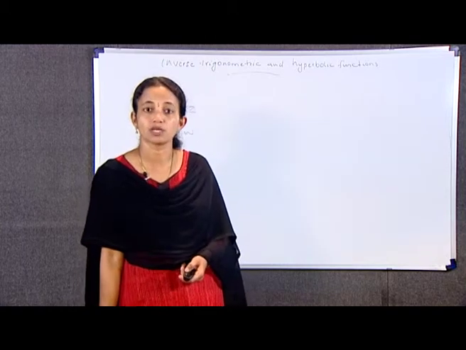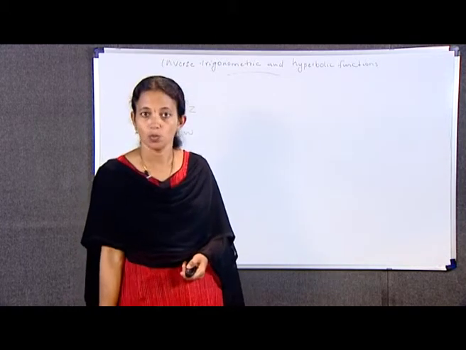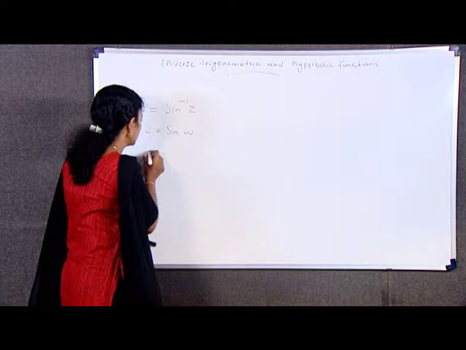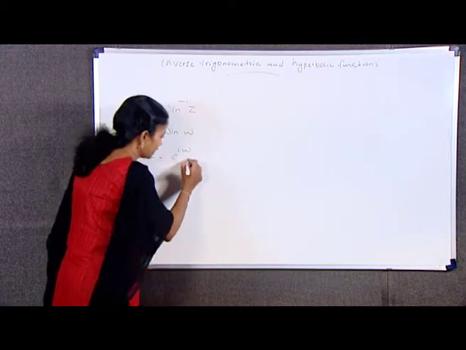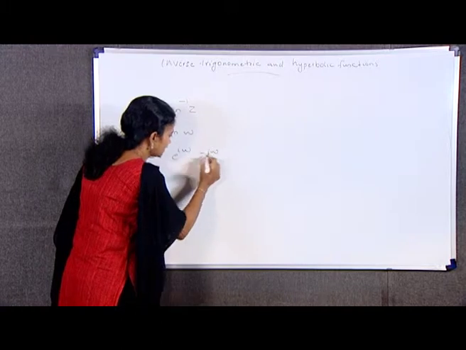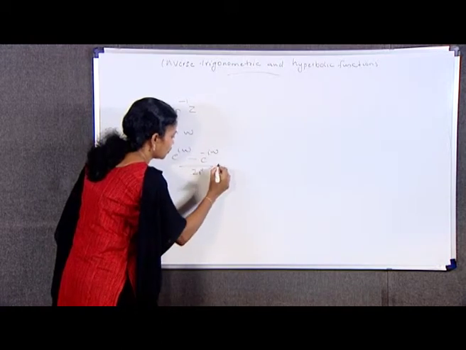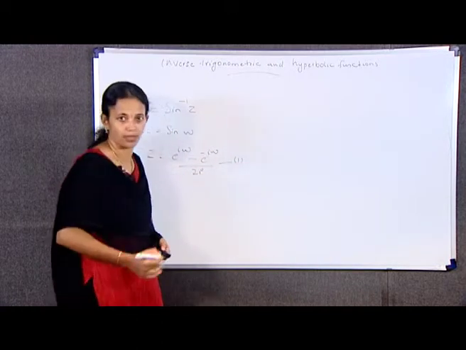That is, w is equal to sine inverse z when z is equal to e raised to iw minus e raised to minus iw by 2i. Equation number 1.